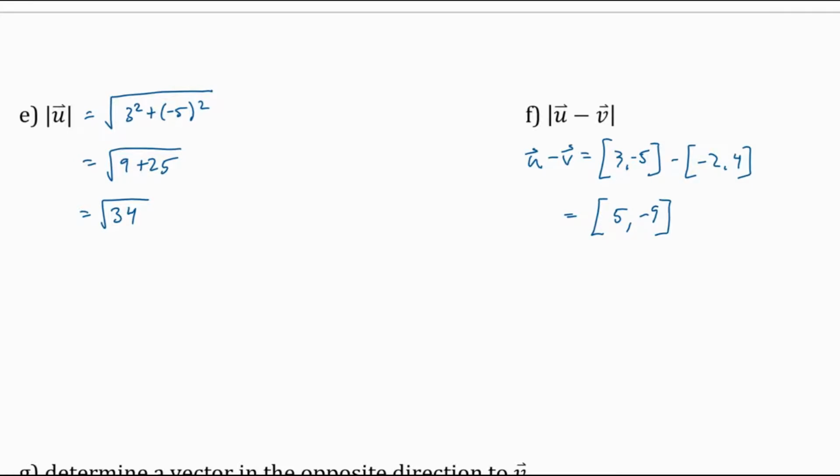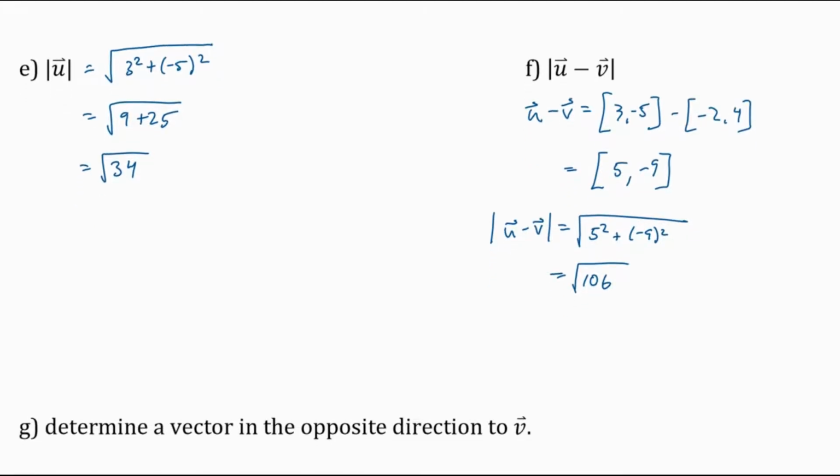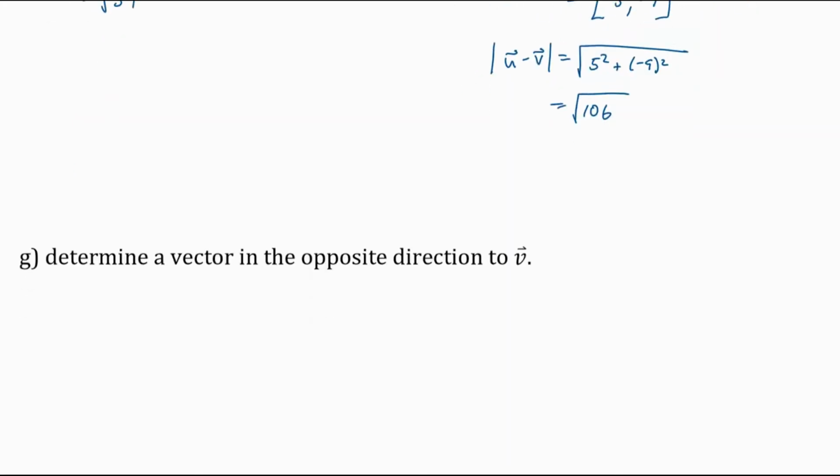Then the magnitude of that vector, (5, -9), which is vector u minus vector v, is the square root of 5 squared plus negative 9 squared, which is the square root of 25 plus 81, which is the square root of 106. Okay, nothing deeper to any of these. There's no deeper understanding, just getting used to the notation, working through the operations, and practicing.